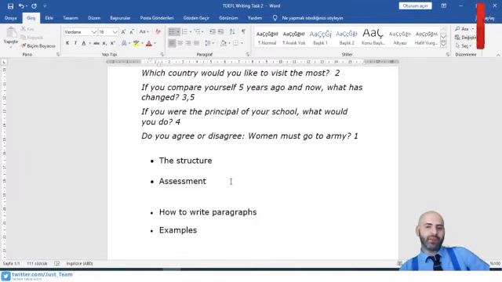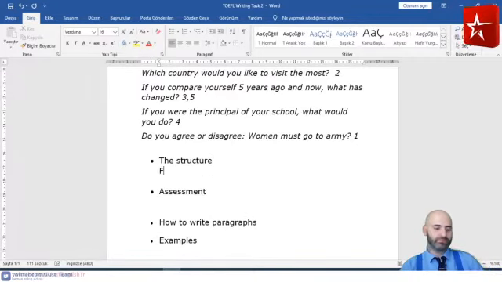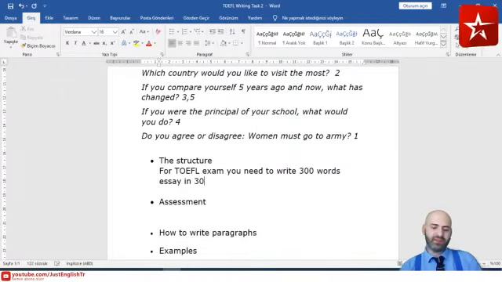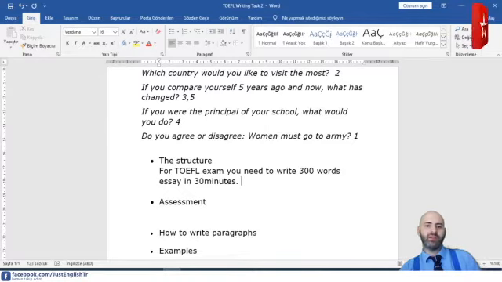Now you need to remember that for TOEFL purposes, for the TOEFL exam, you need to write a 300 words essay in 30 minutes. Okay, so you have 30 minutes and you need to write 300 words.